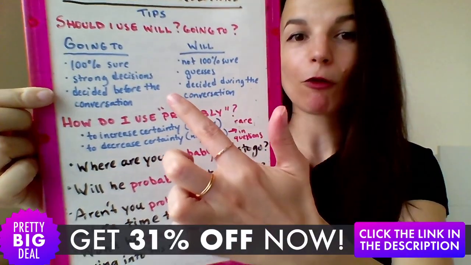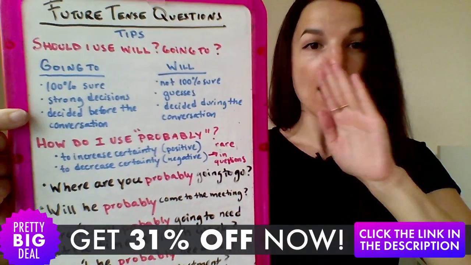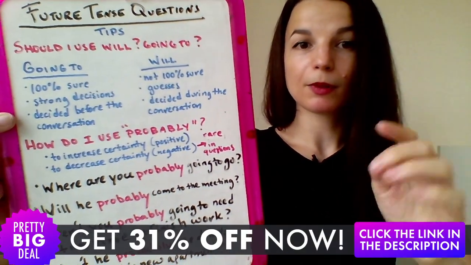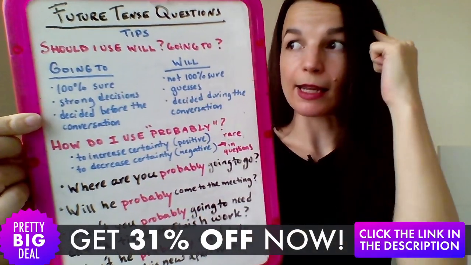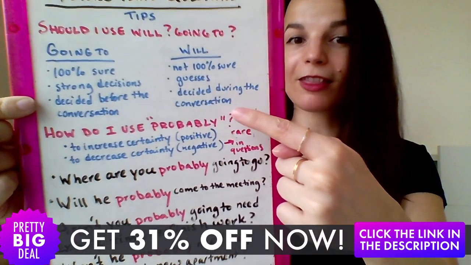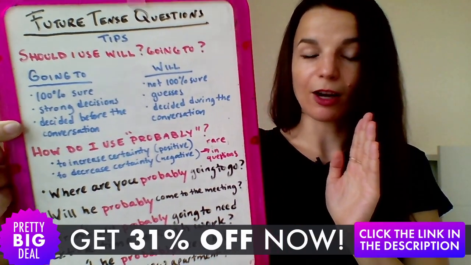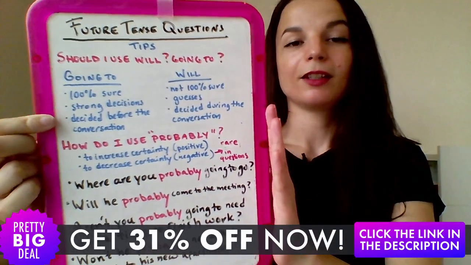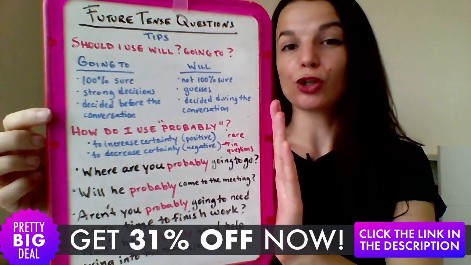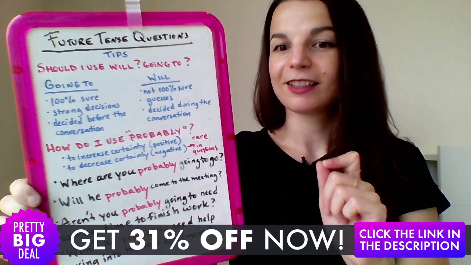For will, use will when you are not 100% sure, when you want to make a guess about something, or for things you decided during the conversation. Okay? So this is the guide for going to and will. You can use this with today's lesson content.